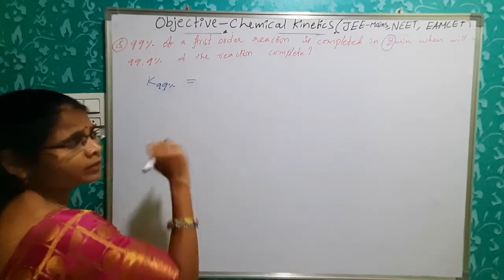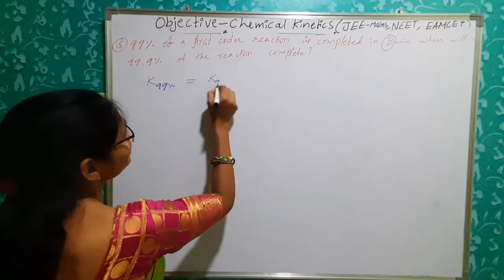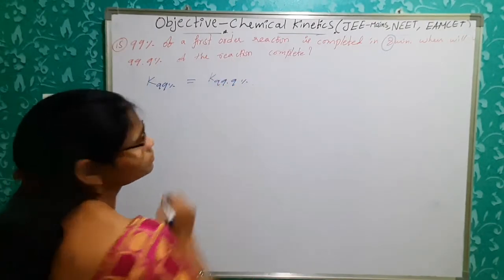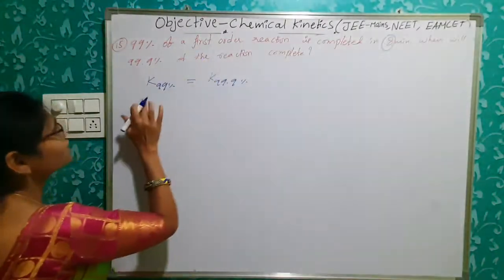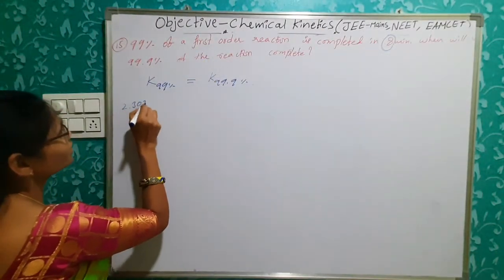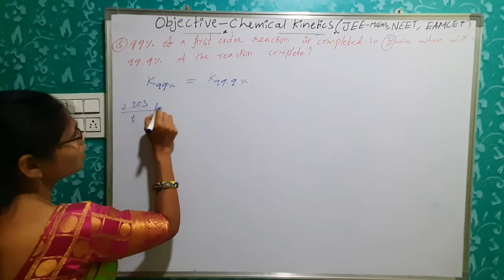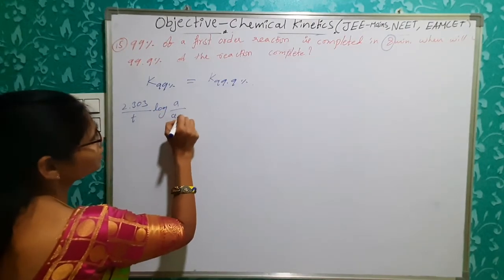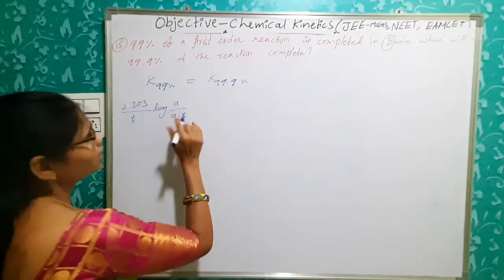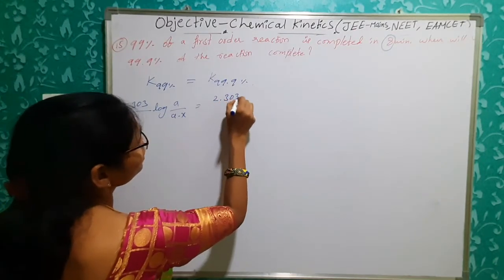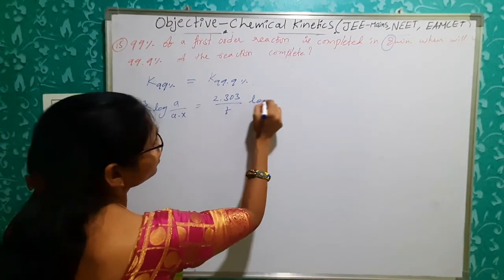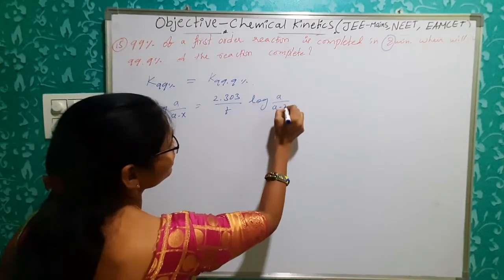You can compare the 99% and 99.9%. What is the rate constant for first order? K is nothing but 2.303 by T log A by A minus X. So here also the same, K is equal to 2.303 by T log A by A minus X.